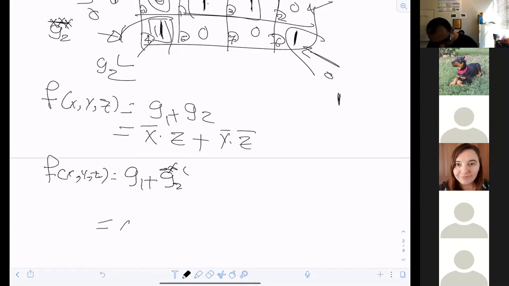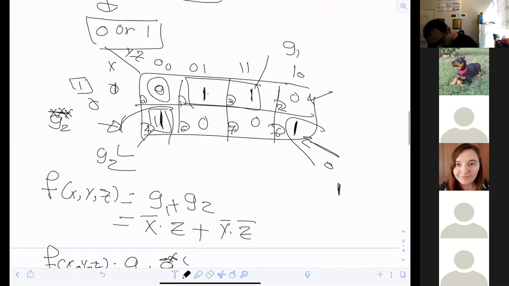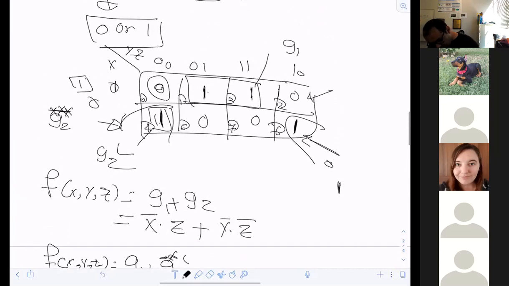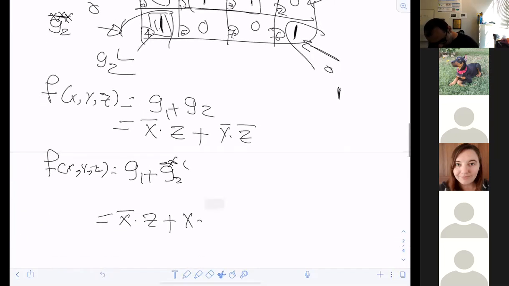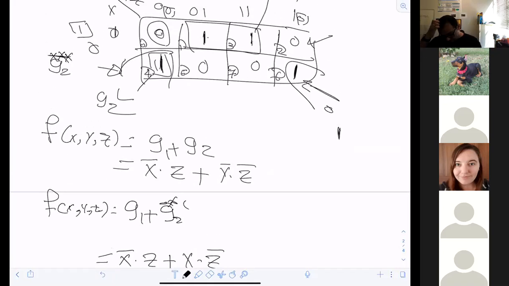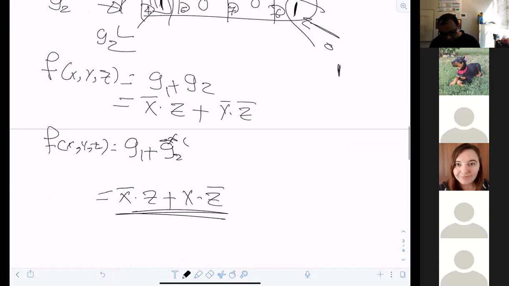So group 1 is still as it is. And group 2 will be what? Will be X Z complement. Why is it X and not X complement? Never mind. Okay, so there are 2 solutions, right?